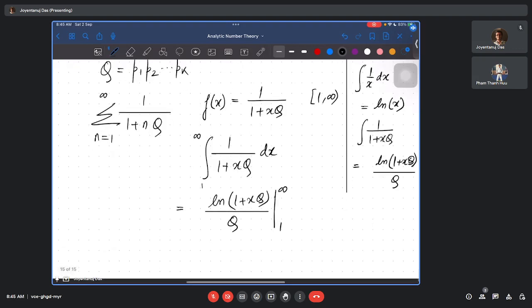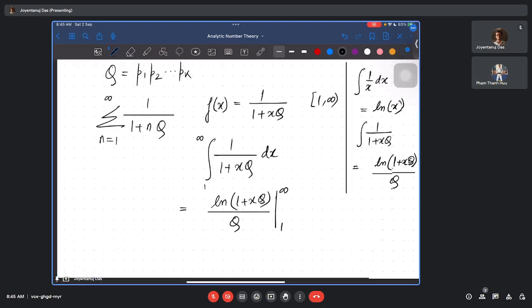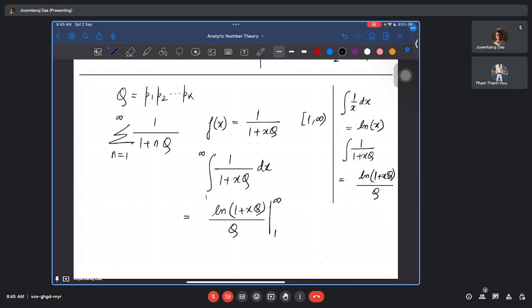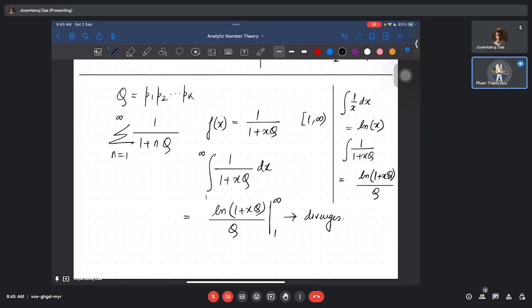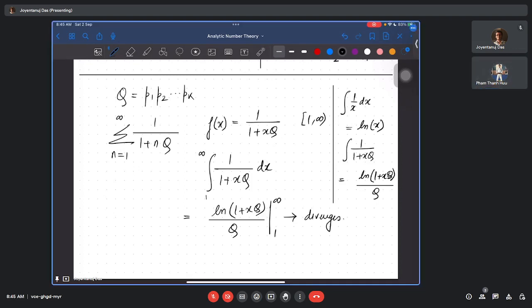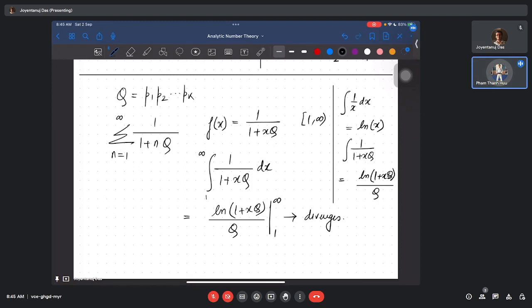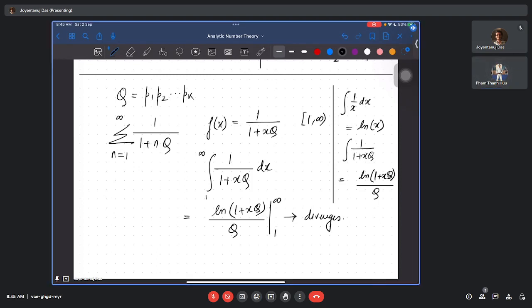But at infinity, the log will also be infinity, right? If I put in infinity, this thing actually diverges. Log is an increasing function, so as x tends to infinity, log x is also infinity. So this thing diverges.